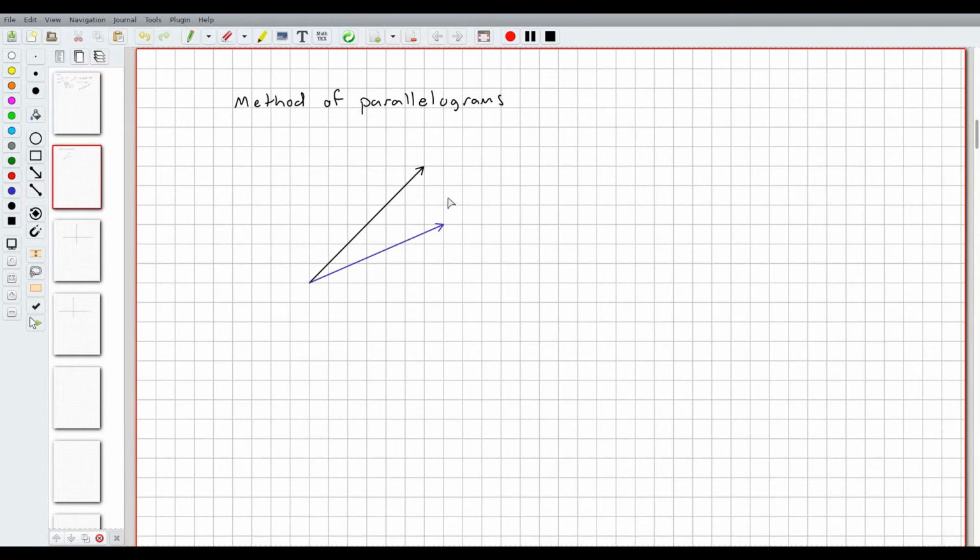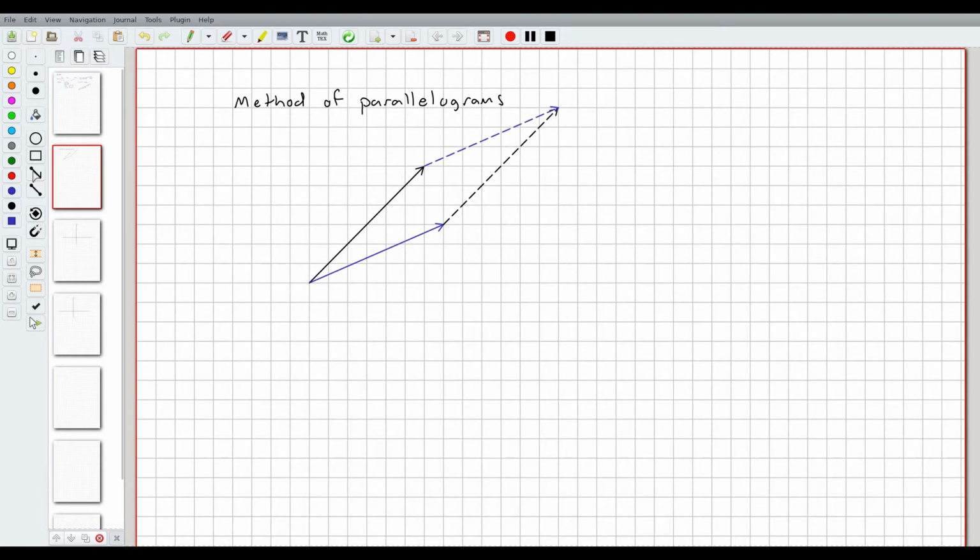You reproduce the vector, and this is at 45 degrees. Let's see, 1, 2, 3, 4, 5, 6. So from here, 1, 2, 3, 4, 5, 6. So that's a mirror of this one right here. And this is a mirror of that one right there.